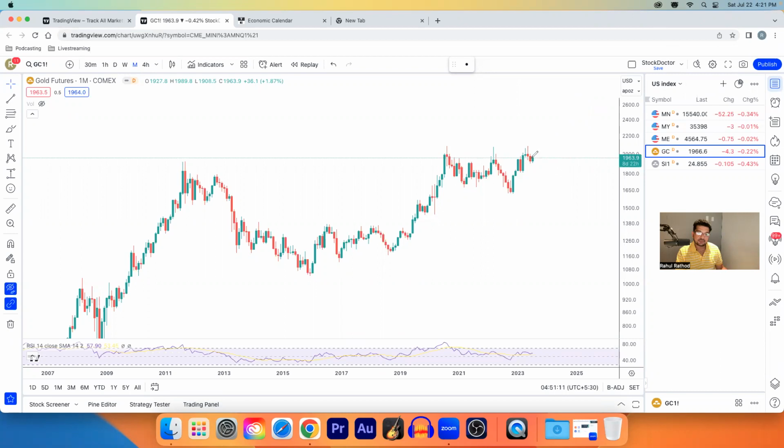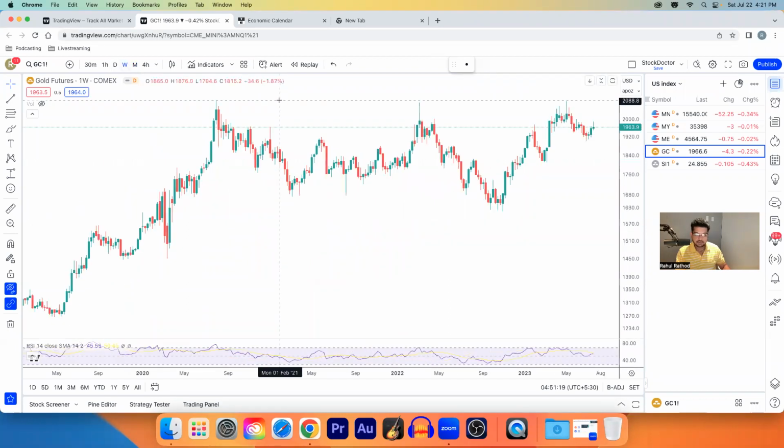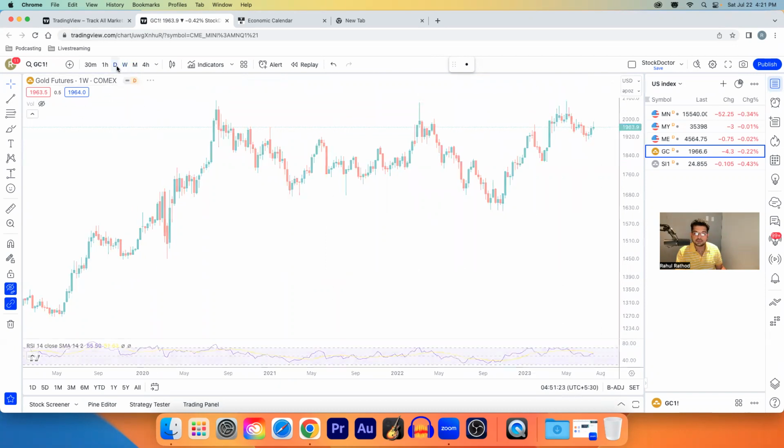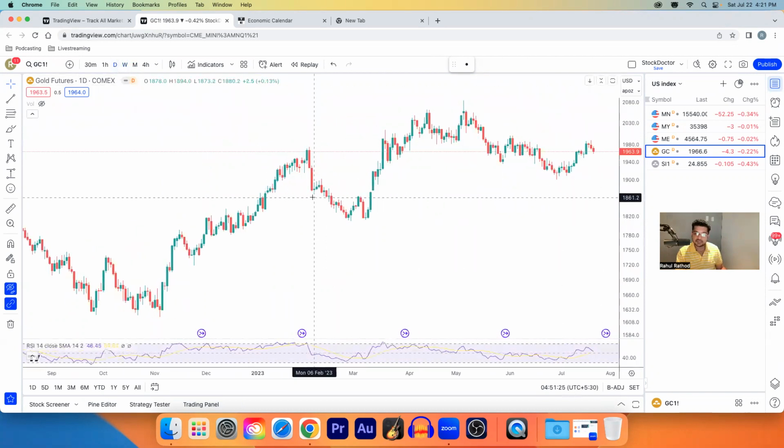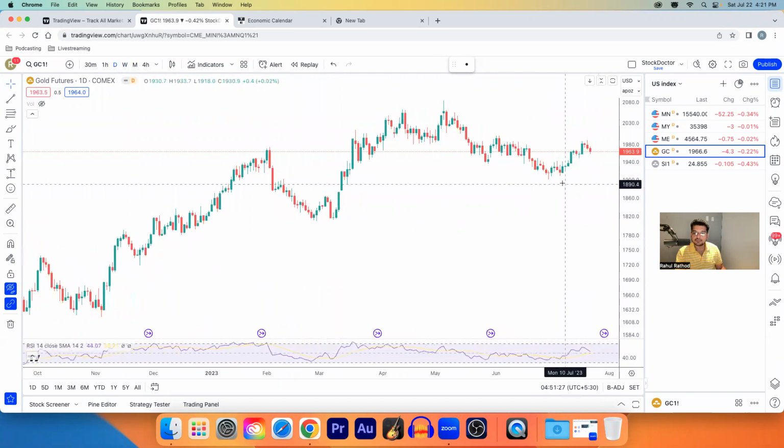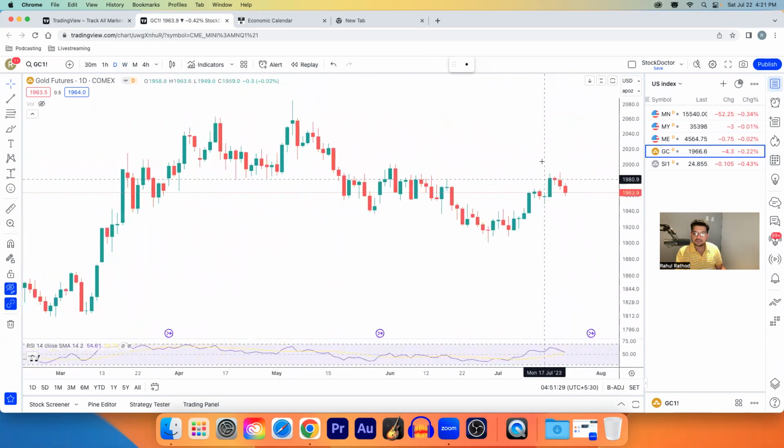The monthly candle is not showing any negativity or positivity. The weekly chart is not showing anything. The day chart shows three consecutive red candles, which means some weakness is possible.